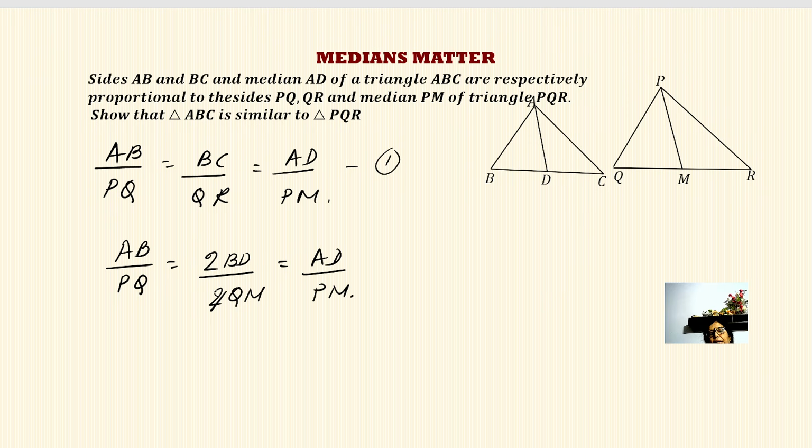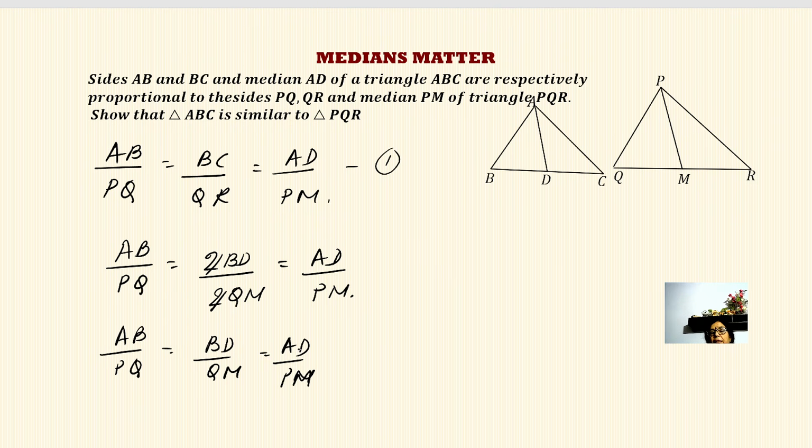If we cancel out the 2, we get AB by PQ is equal to BD by QM is equal to AD by PM.